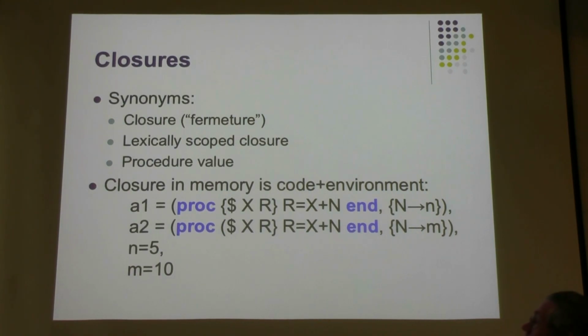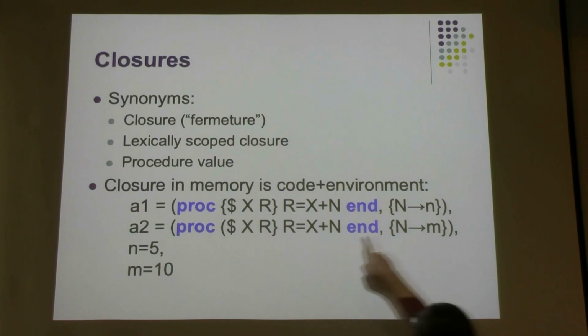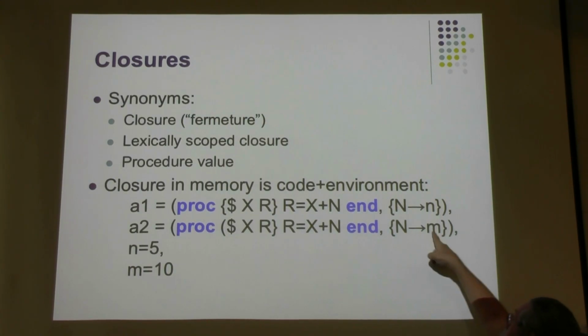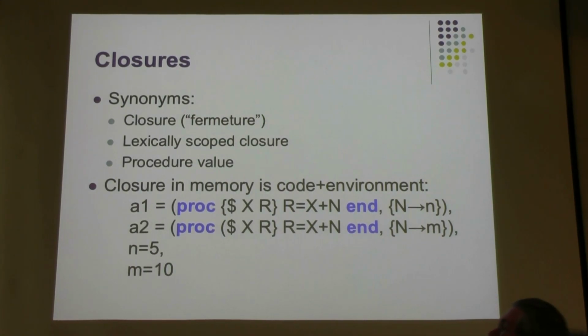But we also defined add 10. And there's another variable, A2. And the environment here will refer to another variable, little m, which is bound to 10. Okay? So this gives us 2 different closures. Now this is the semantics. So it has 2 parts. The left part is the code.